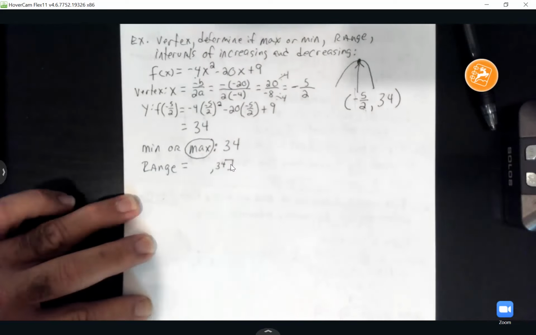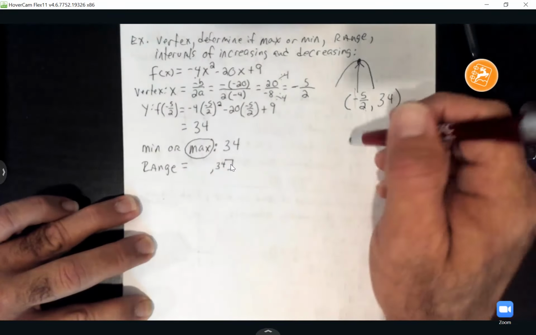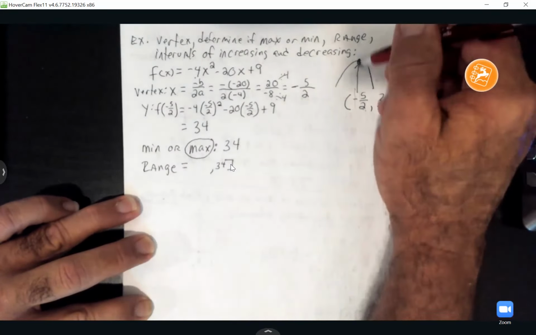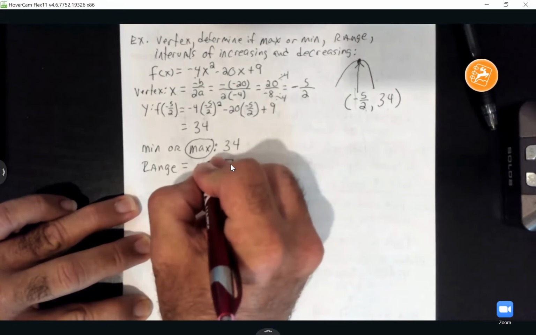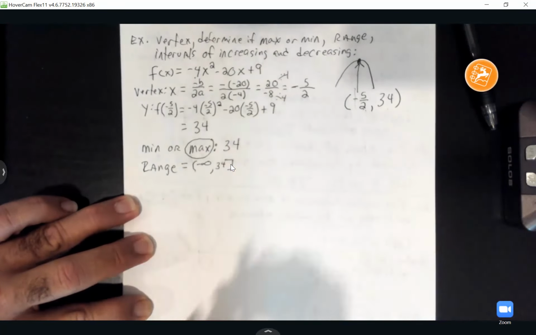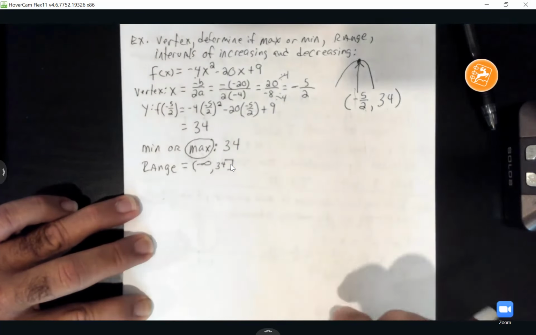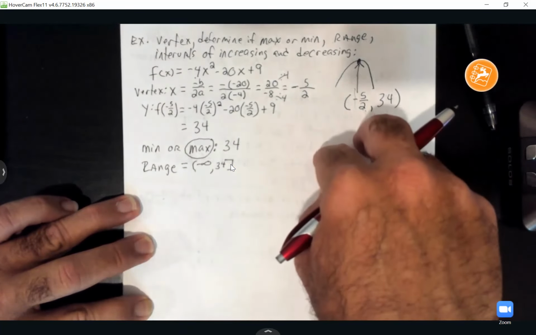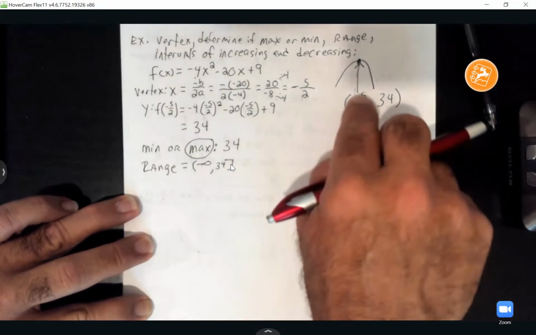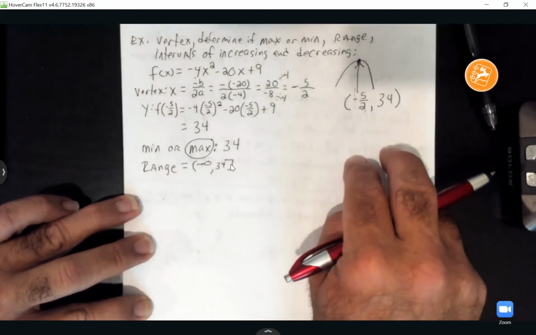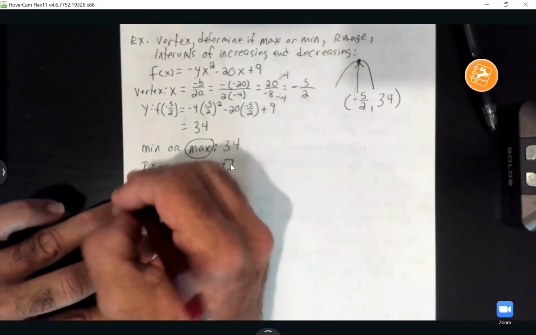Where are your y's coming in from? Negative infinity. So on the range, it'll either be from the number to positive infinity, or in this case, from negative infinity to that number.